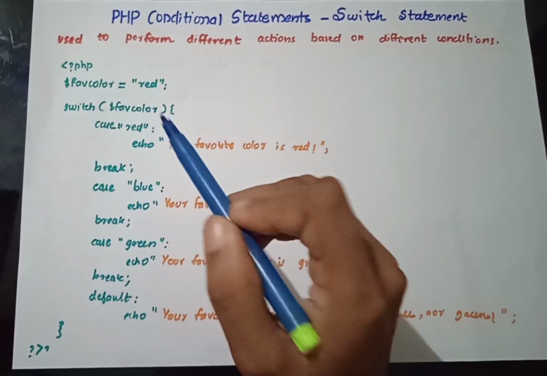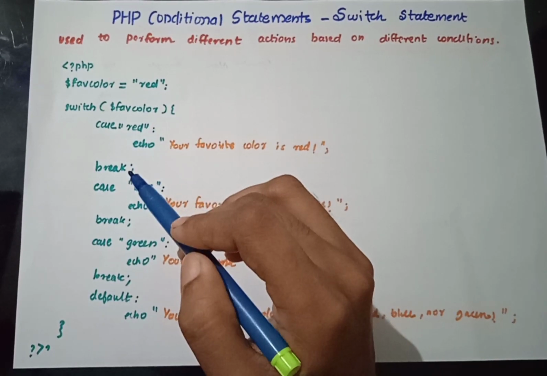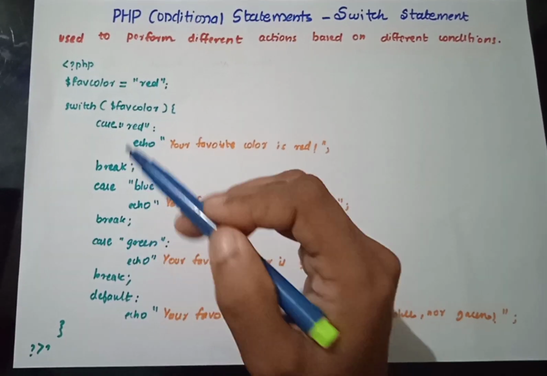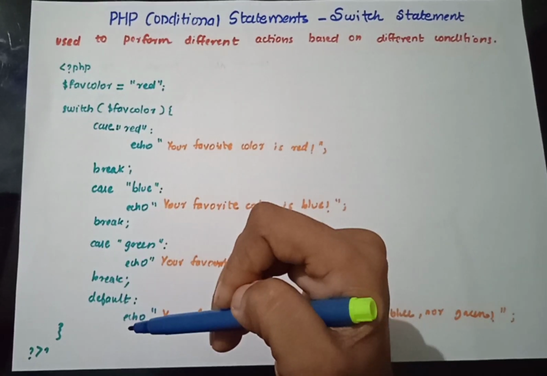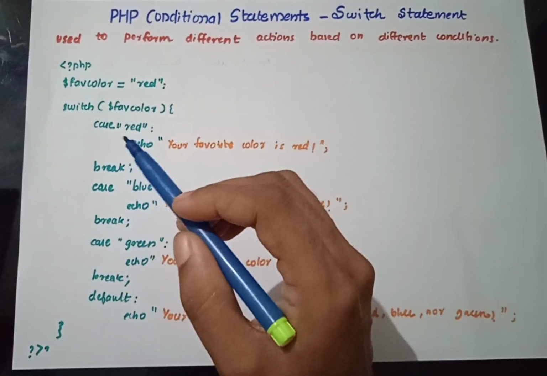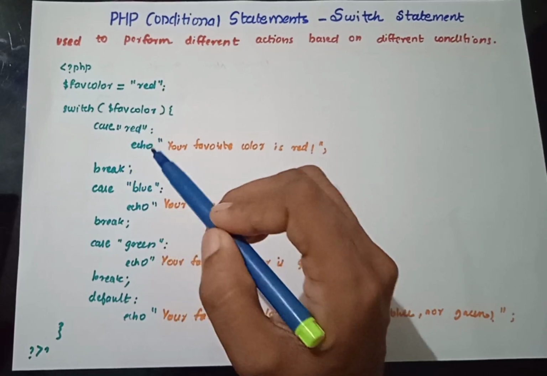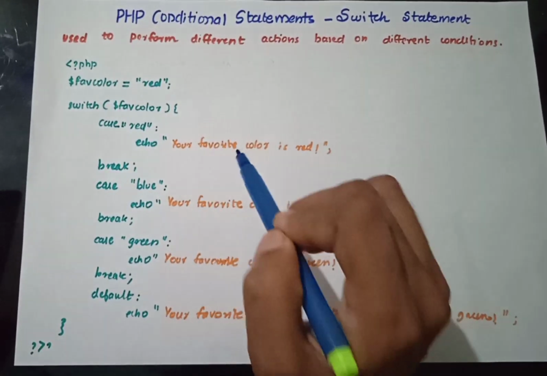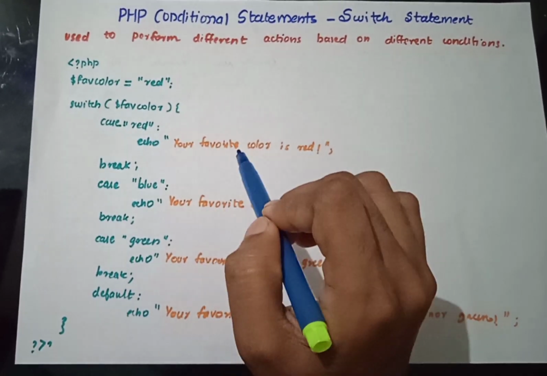As we have seen in the previous conditional statements, we have one condition and different cases for the same condition, and these cases each have their own purpose or thing to do or print.